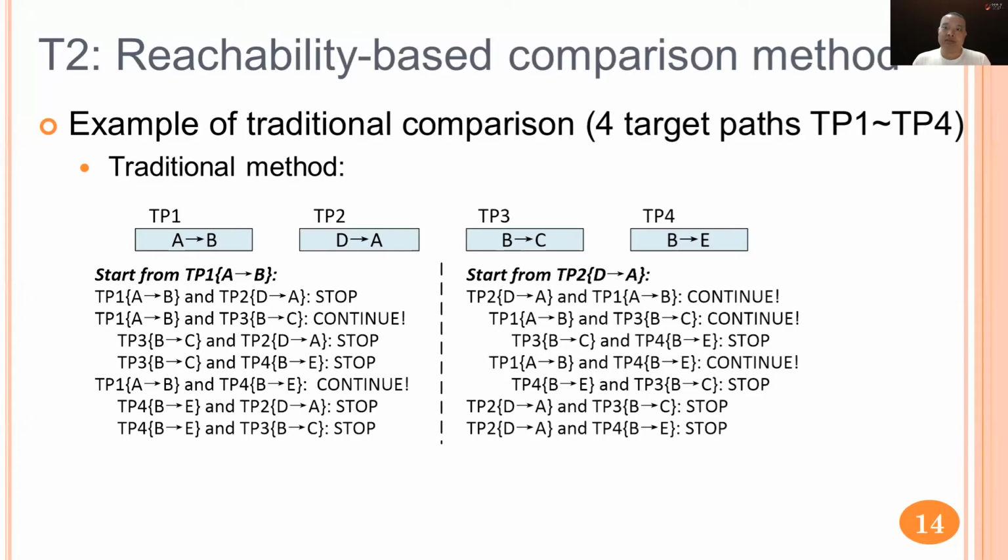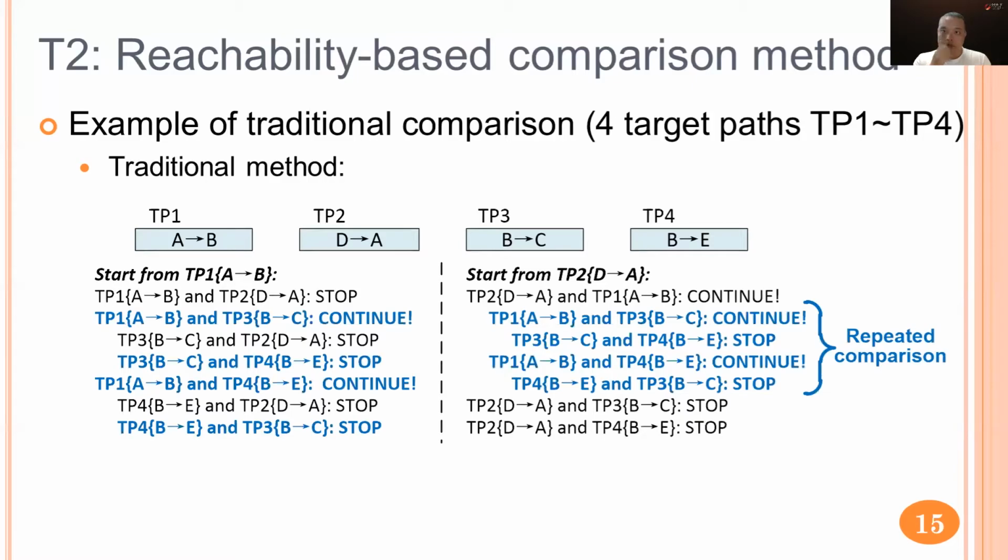The detailed steps are shown in the figure. From these steps, we find that some of them are repeated, which are shown in bold words. If this repeated comparison can be reduced, locking cycle detection can be sped up.